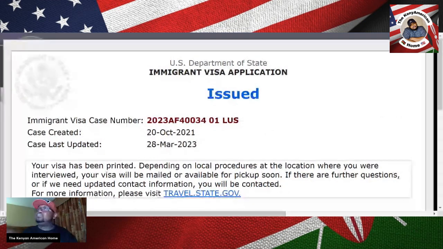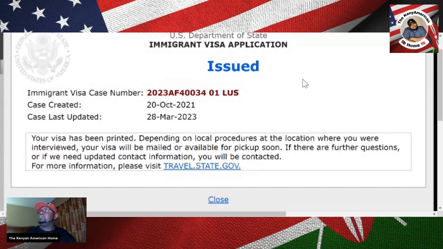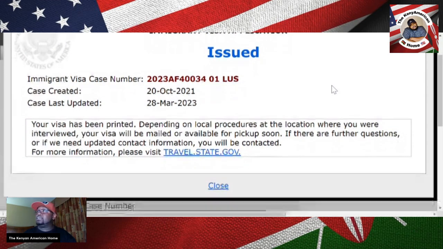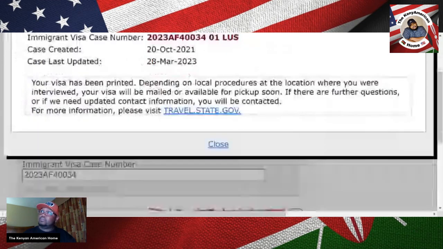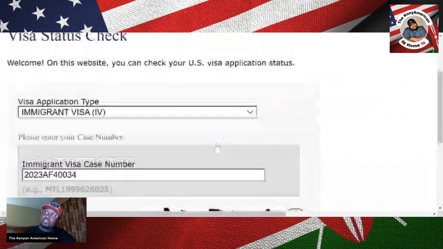Case number 40,034. I don't know if you noticed some of the case numbers are really high, and some of the case numbers are also low. It depends on whatever embassy is interviewing those people. A country like Kenya could be backlogged compared to a country like Tanzania or maybe even Zambia.